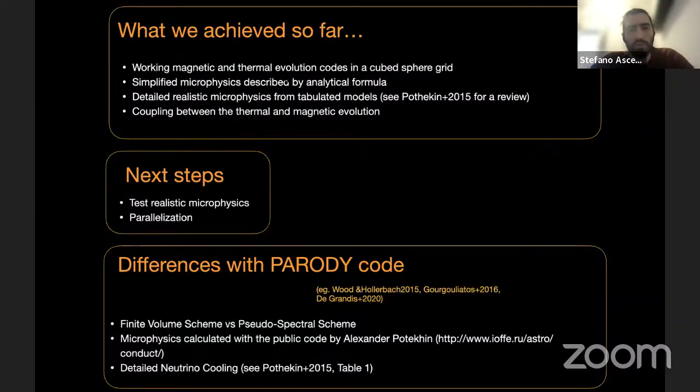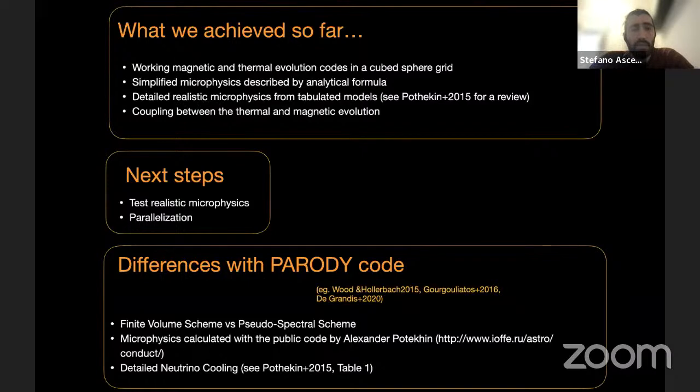My part concerned the thermal evolution, so I only mentioned this part. And they work in this very complicated cubed sphere geometry. Now we have also implemented a simplified microphysics, described by simple analytical formulas. They are the case of the runs that I showed you before.